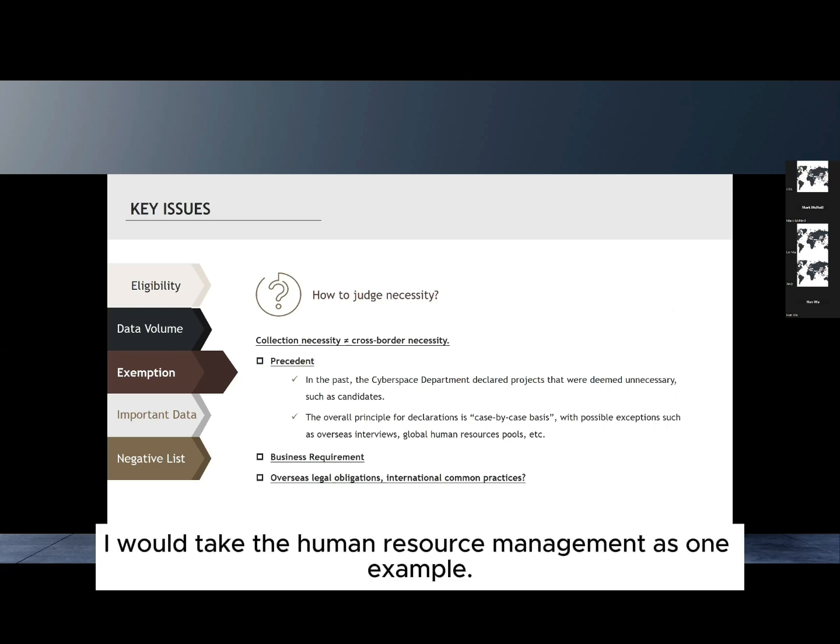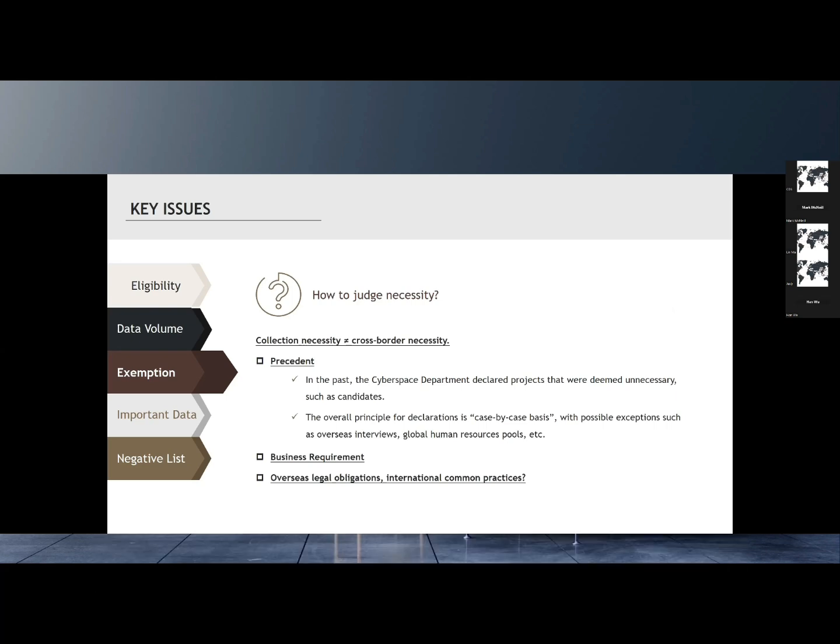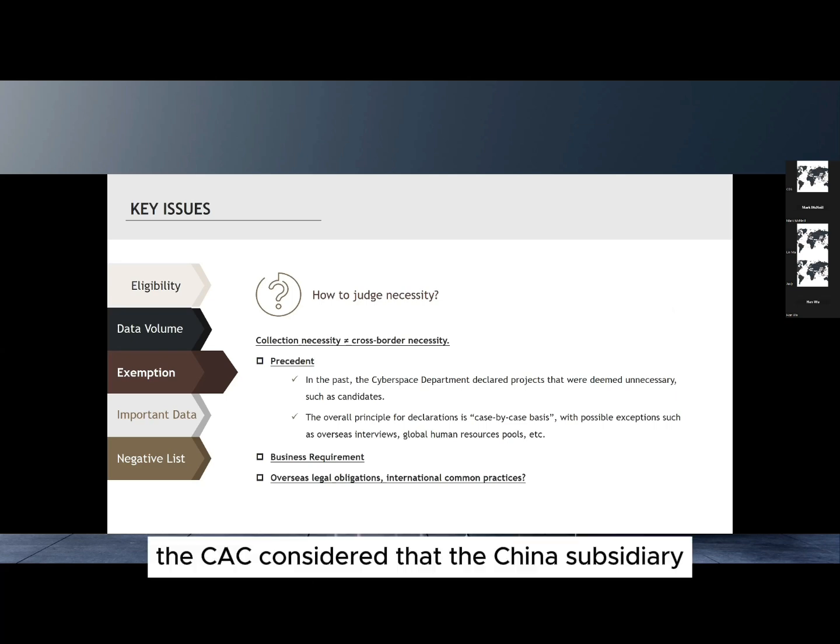I will take HR, human resource management, as one example. In our precedent, the CAC considered that the China subsidiary transferring the candidate information from China to the US would be unnecessary. Actually, I was surprised by this conclusion.